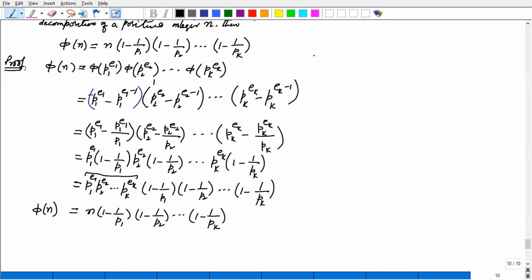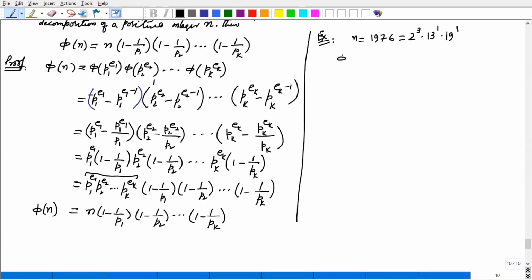Okay. For example, let me give an example. For example, n is 1976. So 1976 can be factorized as 2 to the power 3, 13 to the power 1, 19 to the power 1. Okay.